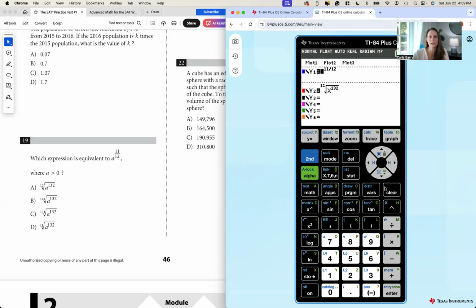Yeah, it's answer choice B. So B was the one that got the closest. Or C, no, it was B. The 144 and then 132. Let me zoom out a little bit. I think it's just how I'm zoomed. Yeah, they do overlap.